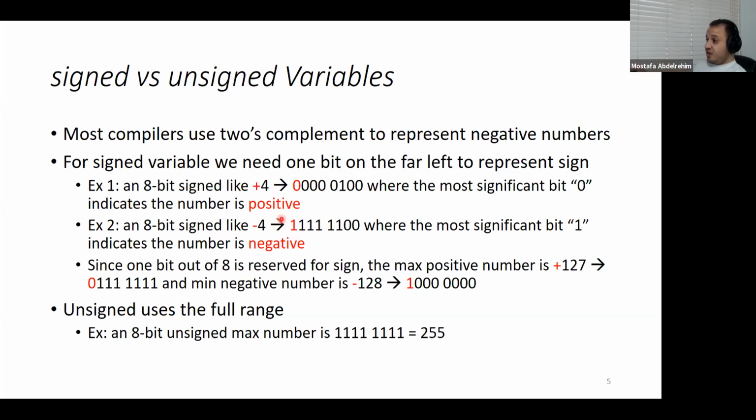Positive numbers always have 0 here. Negative numbers always have 1 here. So let's see. For positive 4, it's easy. Just write a 4 and be sure this is 0.